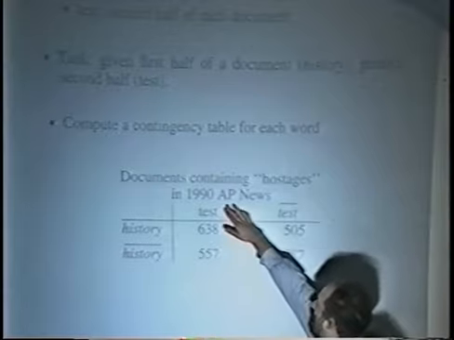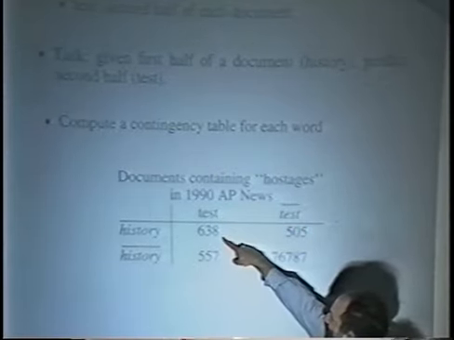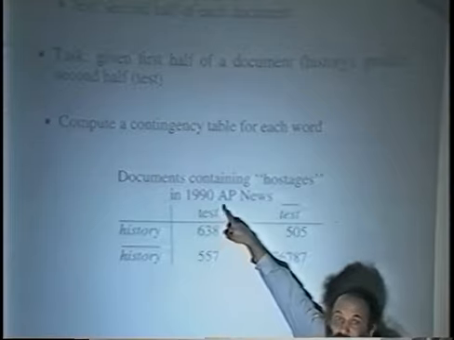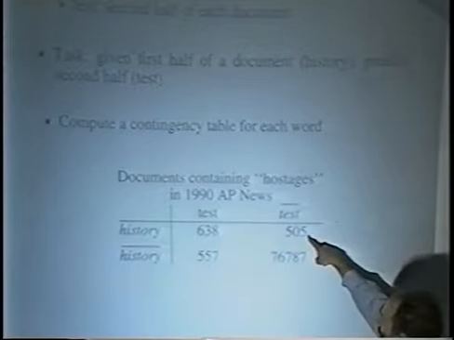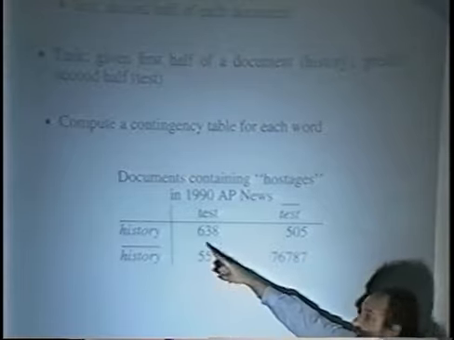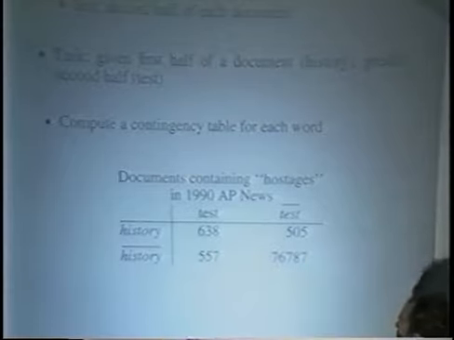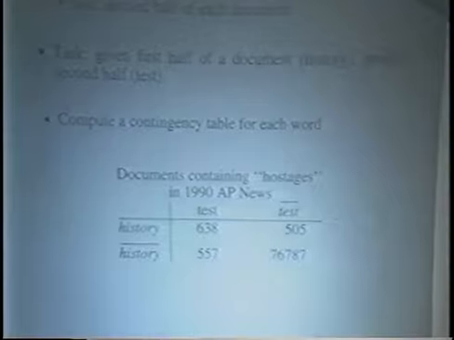So in 1990, the AP News, the word "hostages" appeared 638 times in both the history and the test, and 505 times in the history but not the test, and 557 times in the test and not the history, and 77,000 times in neither.